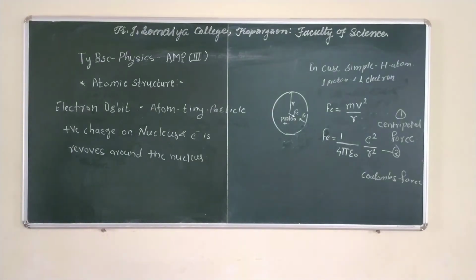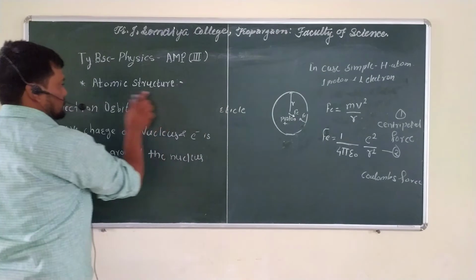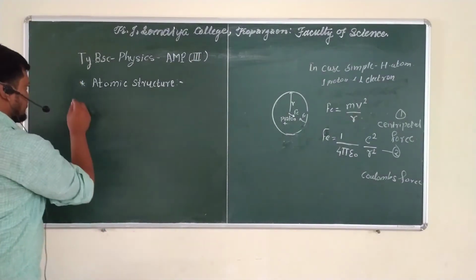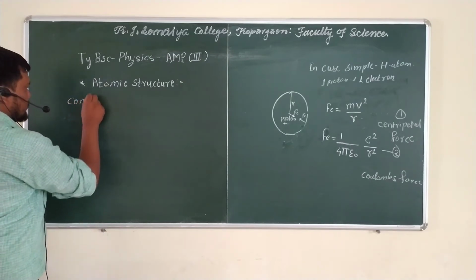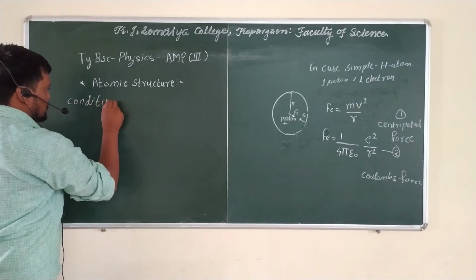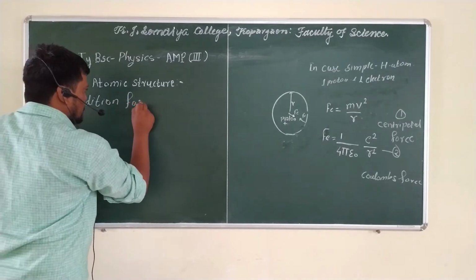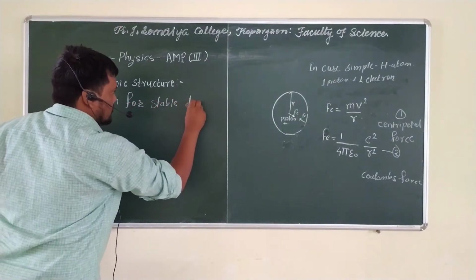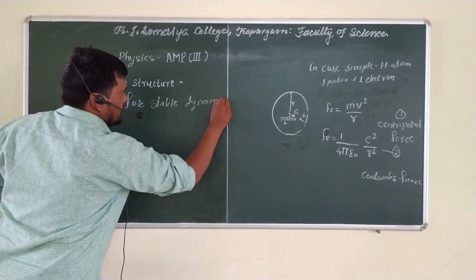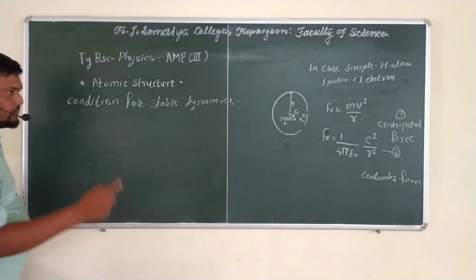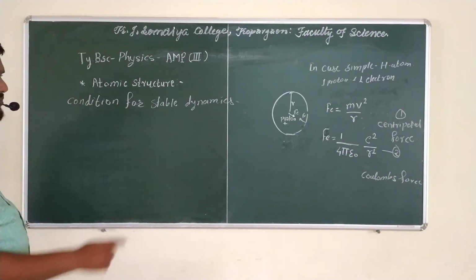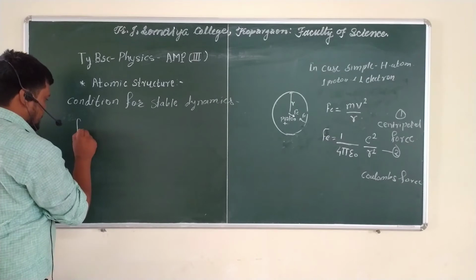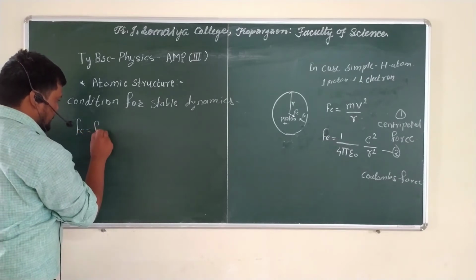According to the condition for stable dynamics, we equate equation number 1 and equation number 2, that is Fc equal to Fe.